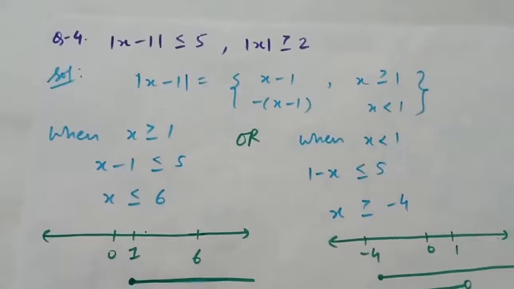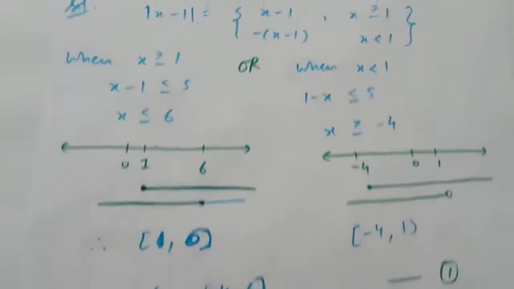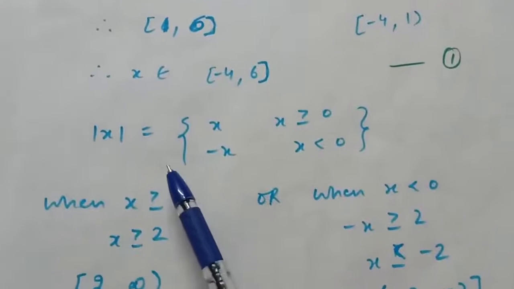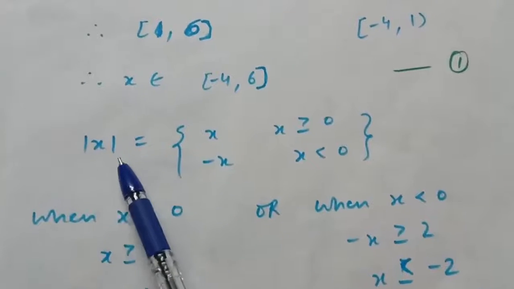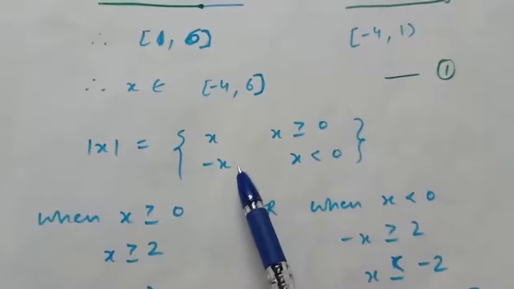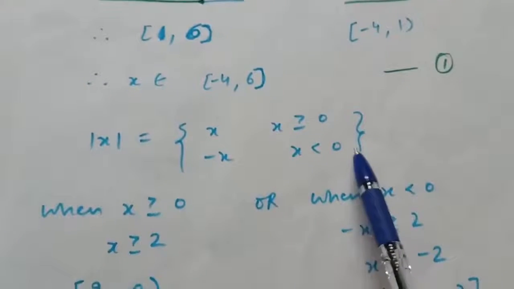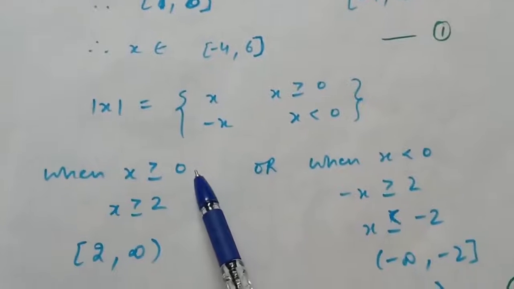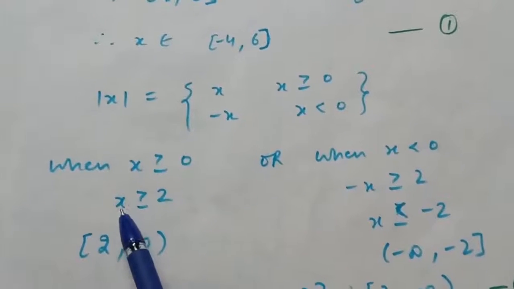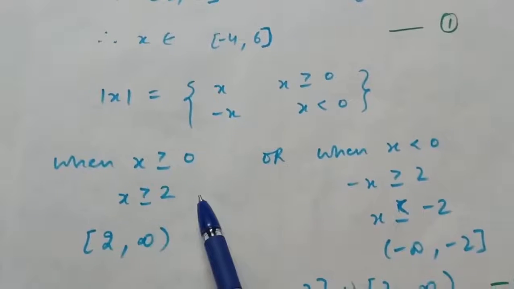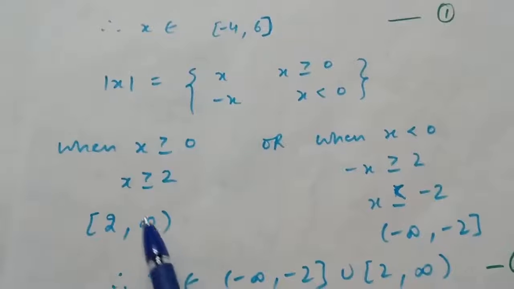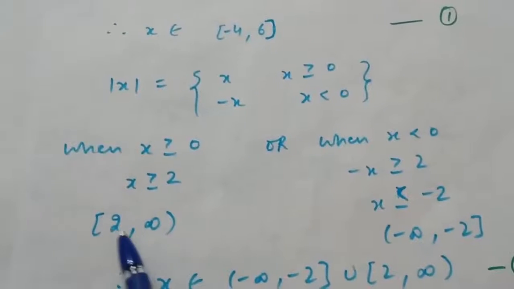Now we will find the solution of the second inequality, which is modulus of x greater than or equal to 2. So modulus of x will be x when x is greater than or equal to 0 and minus x when x is less than 0. When x is greater than or equal to 0, modulus x becomes x, so the inequality will be x greater than or equal to 2. So the answer will be from 2 to infinity, with a closed bracket at 2.